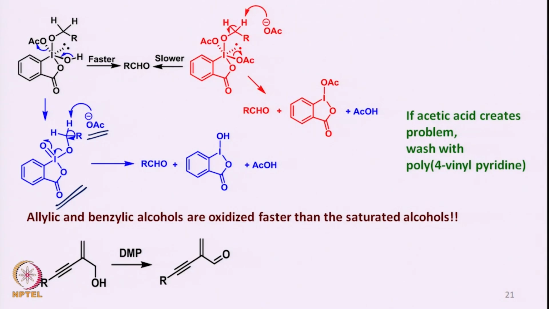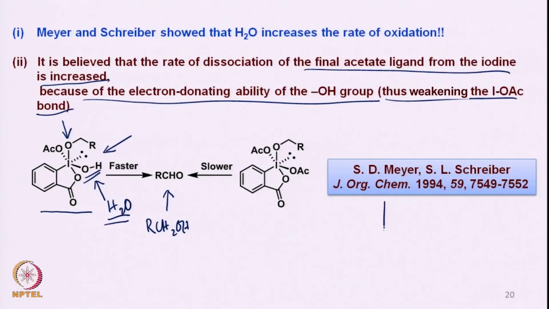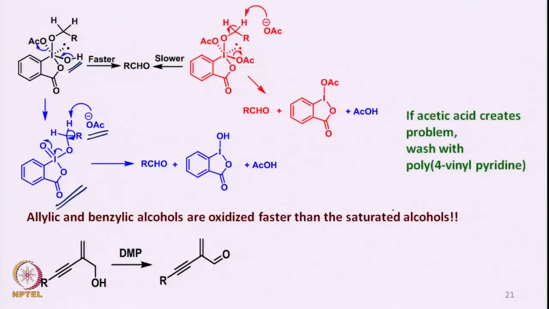At the same time, there is an oxidation because this loss of acetate is much faster with this hydroxy group being present there. So, that is the reason why the oxidation occurs, and there is a good description of this particular aspect in this particular paper.